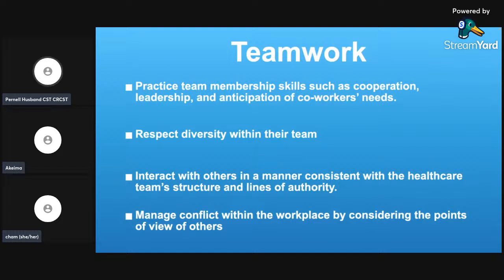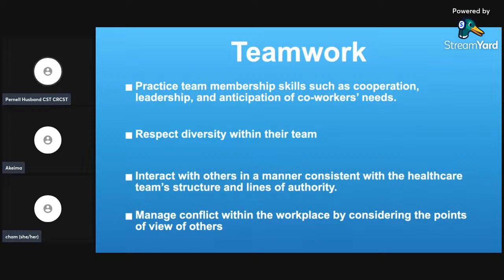Respect diversity within your team, interact with others in a way consistent with the healthcare team structure and lines of authority. You can't be going to a doctor talking about, hey, what's up, homie? There's a hierarchy, and that sort of thing needs to be followed.